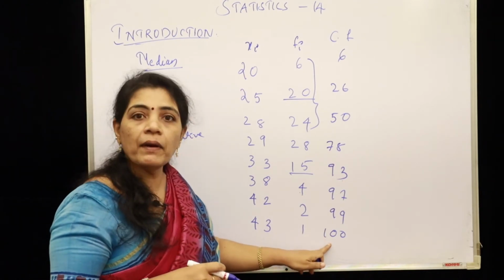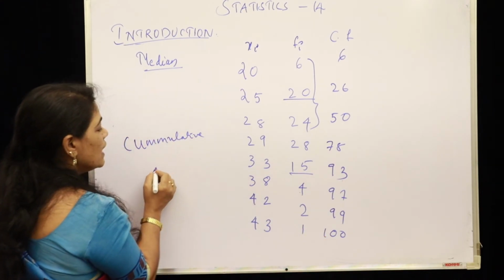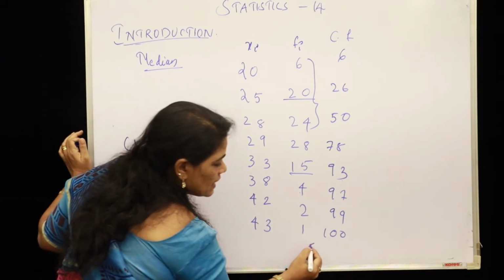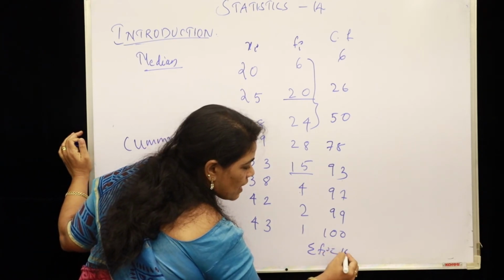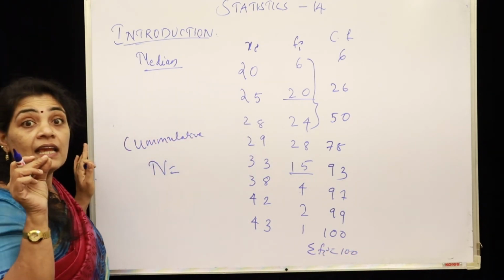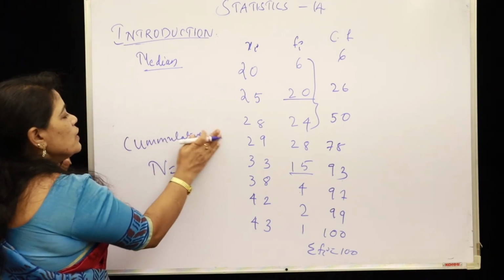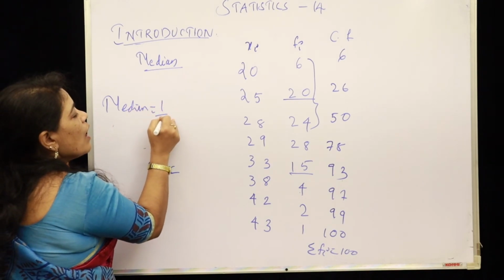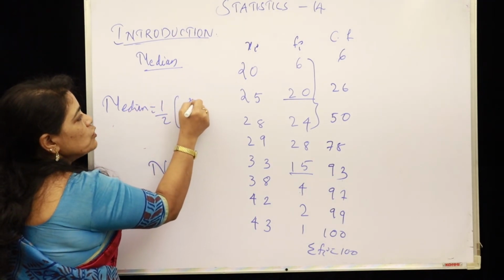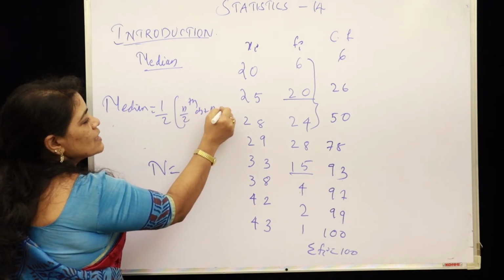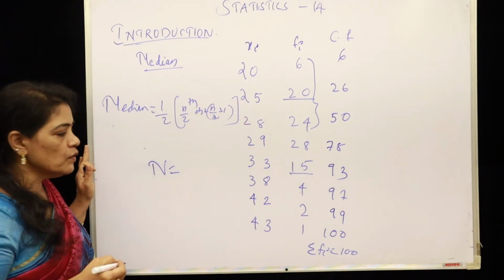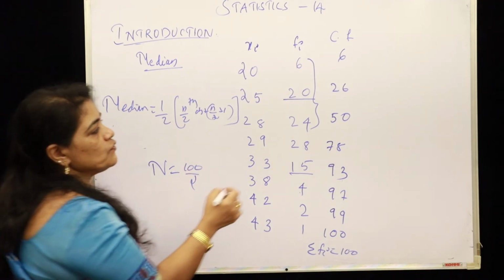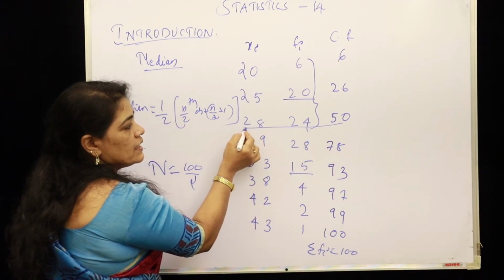Here n, or capital N, the sum of the frequencies sigma fi, is 100, being an even number. So the median is half of the n by 2th observation plus the n by 2 plus 1th observation. Here n is 100, by 2 that is 50. That is the 50th observation, that is 28.